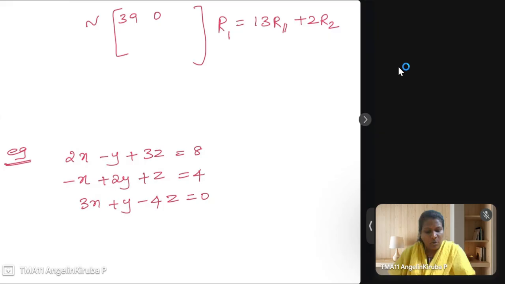Next it will become 0, 78, 0, minus 13 and 13.